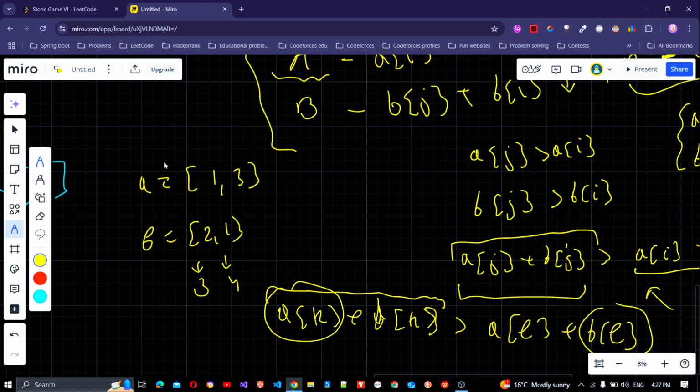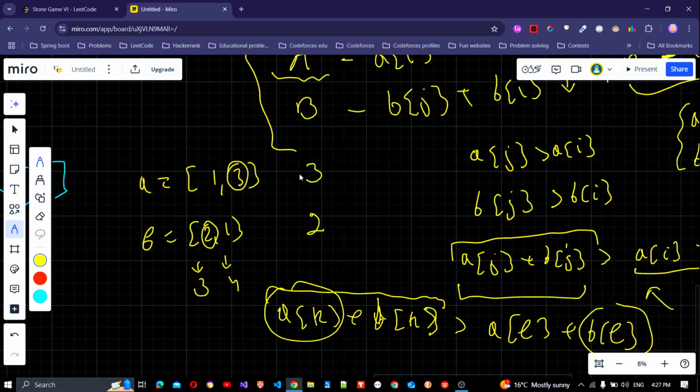Now it's Alice's turn, and Alice will choose the stone with the largest sum. It's 4, so Alice will choose 3. And then there's only one option for Bob in this case. Bob will choose 2. At the end, Alice has 3 and Bob has 2, and we're sure that both players have optimal scores.